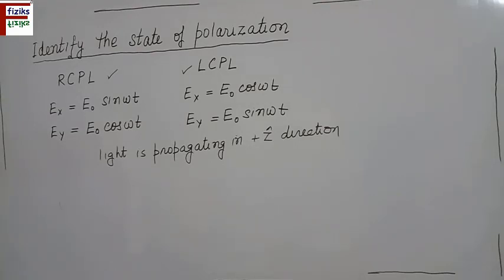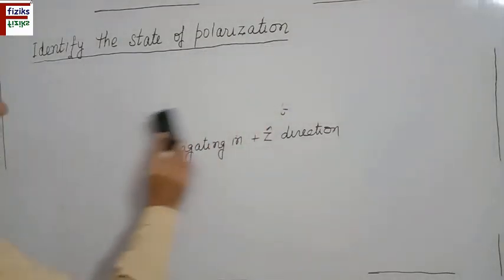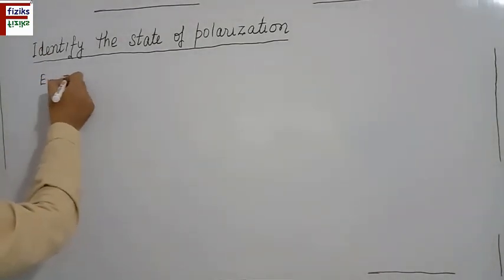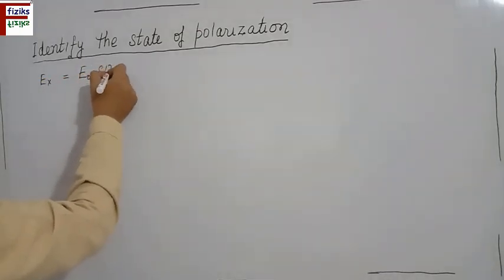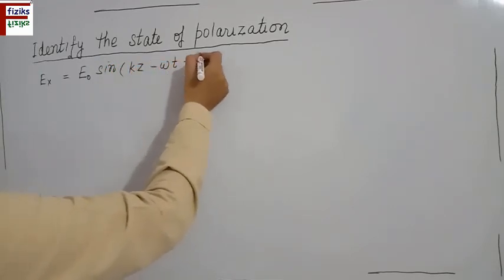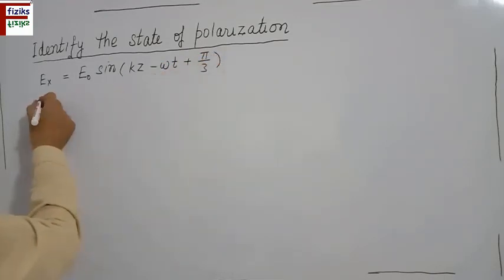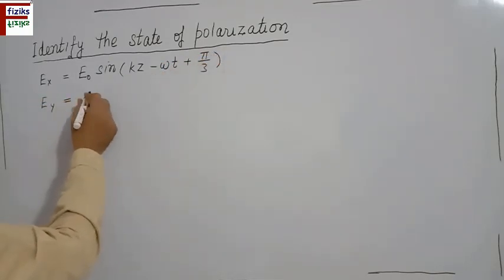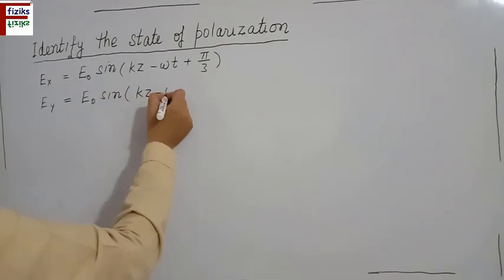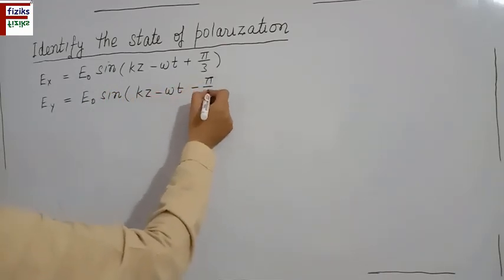Now come to the next example. The next example is EX equal to E naught sine kz minus omega t plus pi by 3, and the second is EY equal to E naught sine kz minus omega t minus pi by 6.